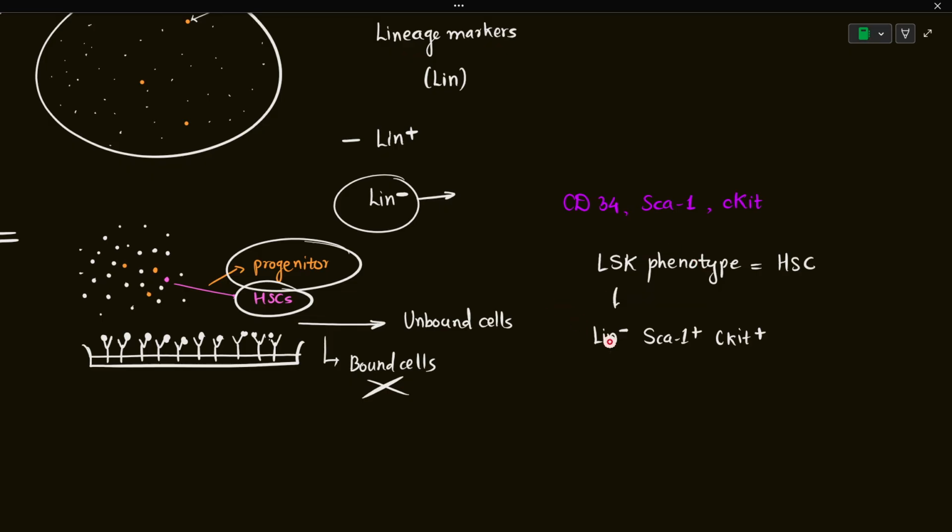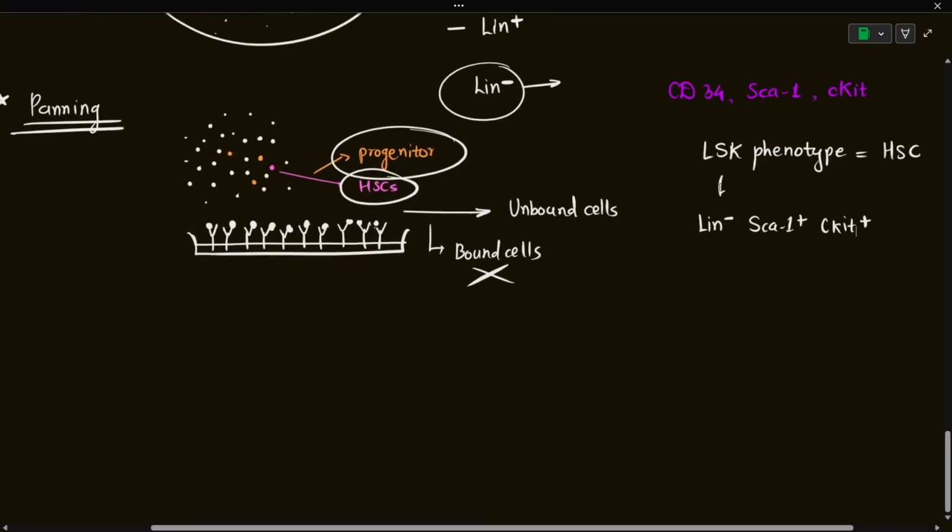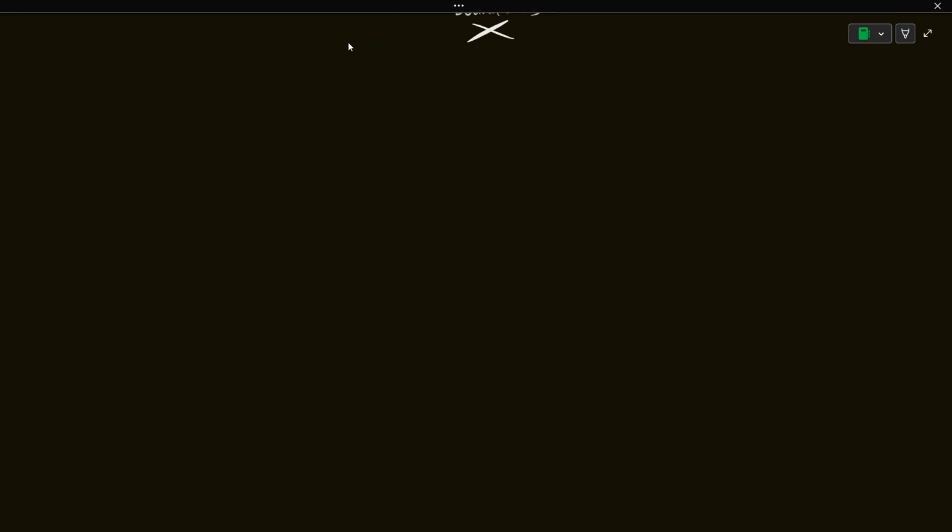So let's assume that this particular mice has been exposed to X-rays of about 95 rads. This is going to kill all of the hematopoietic stem cells and the blood cells in the mice. So this mice will eventually die.